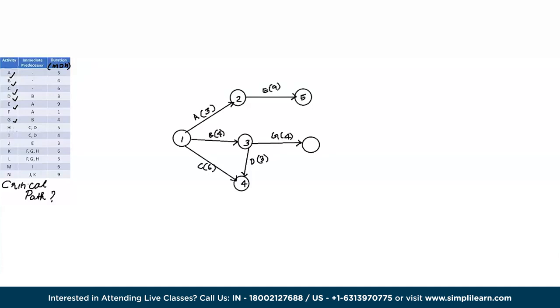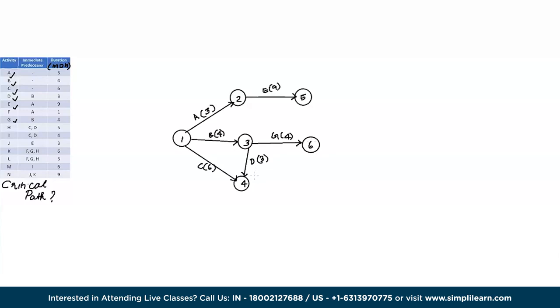Now H. H is a combination of both C, D, which means its origin point comes from here. So whose origin point is the node 4? Both H and I originate from the node 4. So as we can notice here, F, G, and H act as immediate predecessors for K and L, which means at some point they all need to unite, which is exactly here at node number 6.